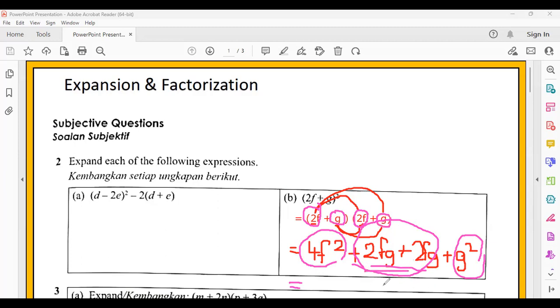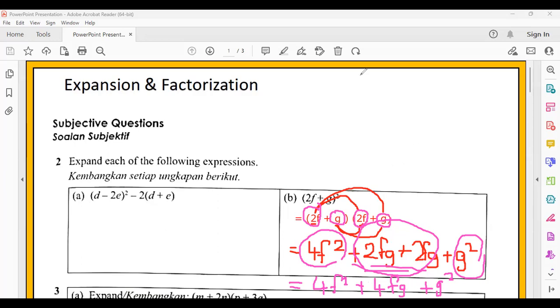And the center one, you add them. You will get 2fg plus 2fg, you'll get 4fg. You see? And then this will be 4f squared plus 4fg plus g squared. Do you understand this? Can I have a thumbs up if you girls can understand this one?